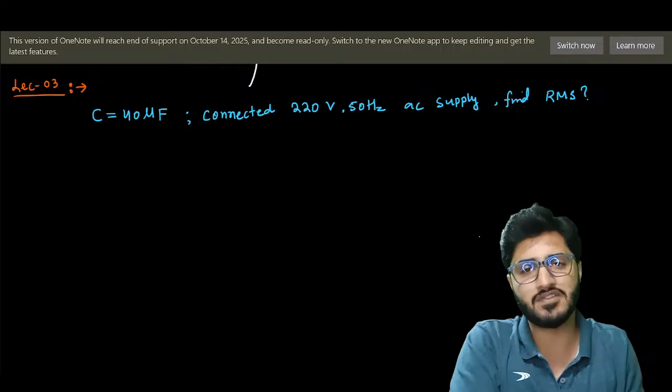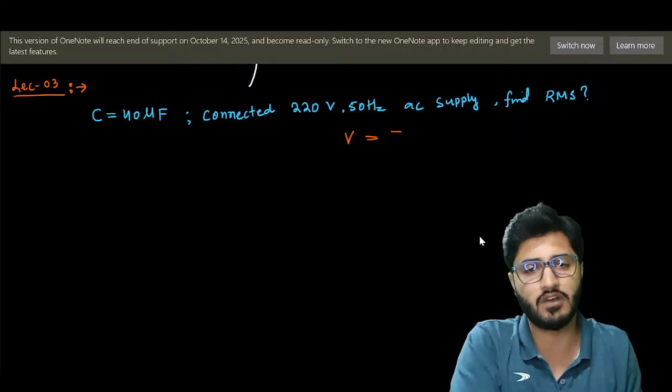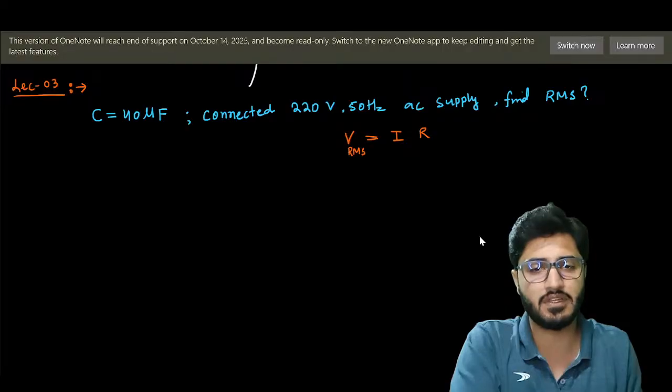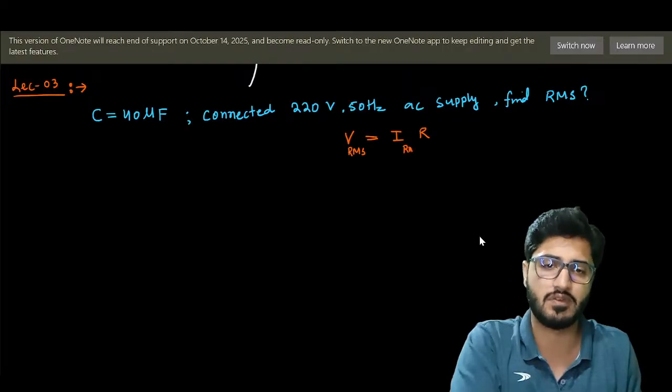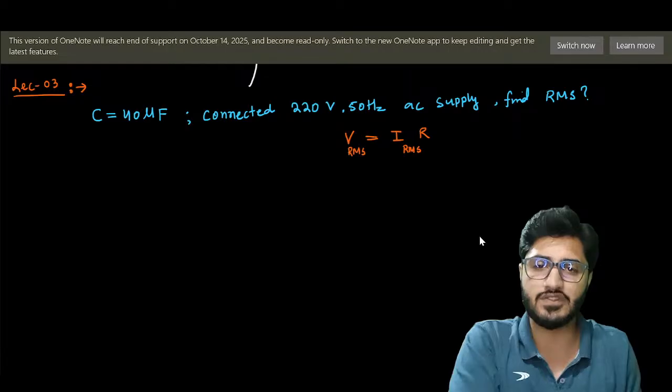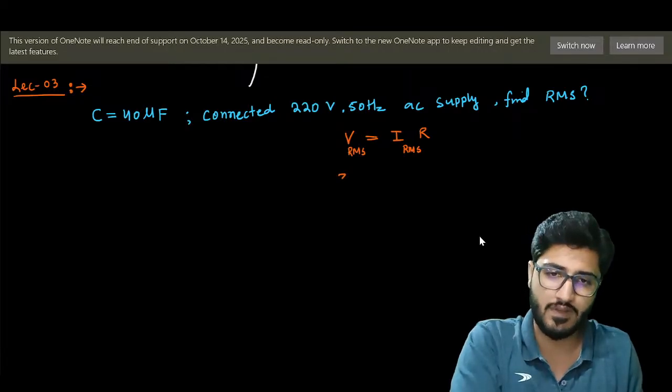Sir, what is RMS value? How to find it? We know that V equals IR. If V is RMS, I is RMS. So what is V? V is 220. I, we don't know. What is R?